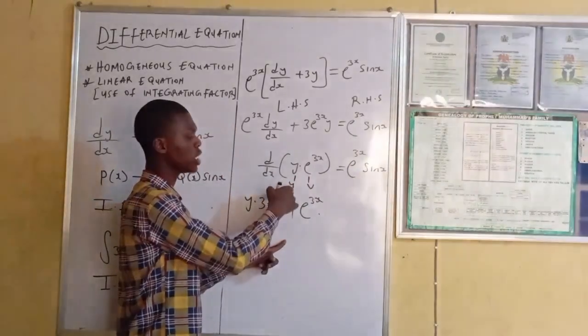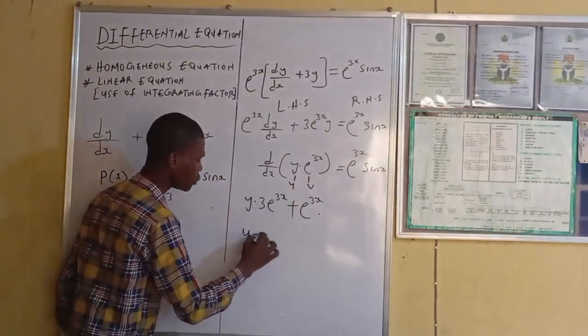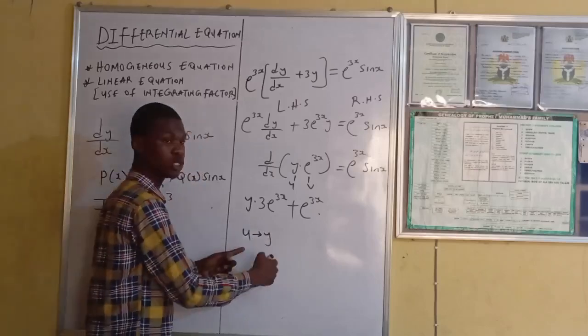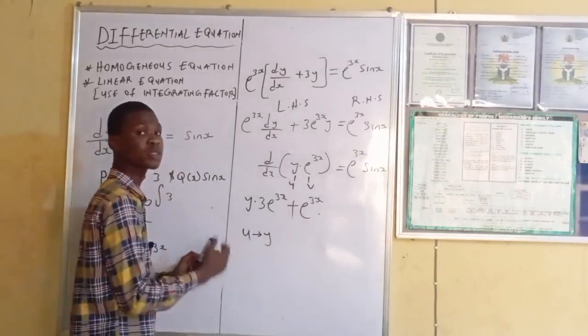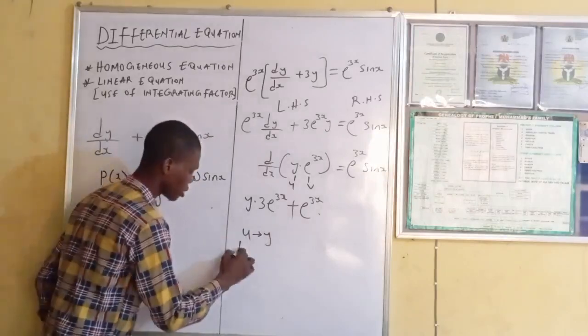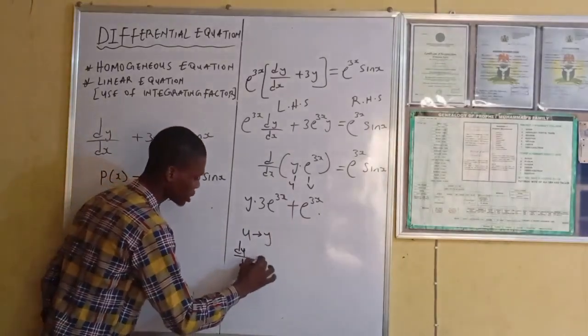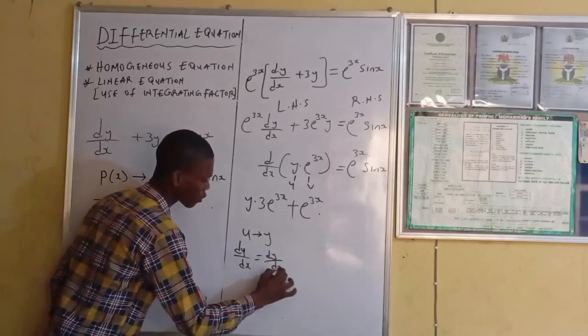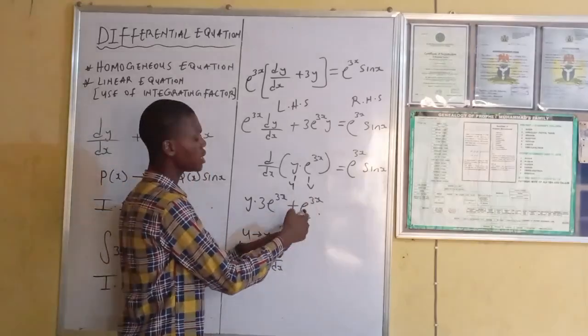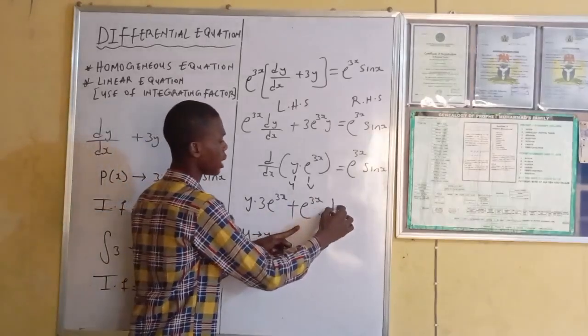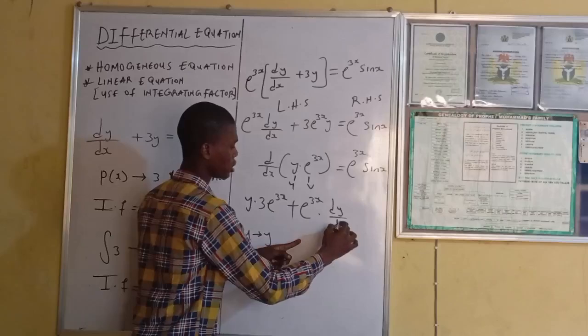How do you get the derivative of y in this case? If y is a function of x, your implicit differentiation, differentiate both sides with respect to x. dy over dx is equal to dy over dx. So therefore, we are multiplying exponential 3x by dy over dx.